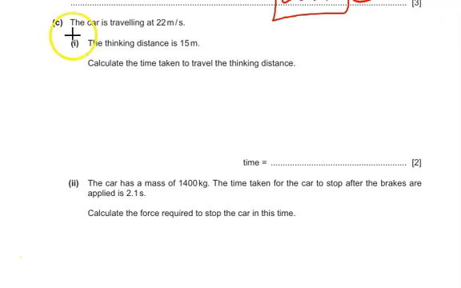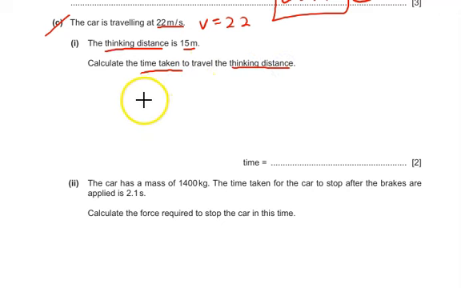The car is traveling at 22 meters per second. This is the speed, I put here v. The thinking distance is 15 meters. Calculate the time taken to travel the thinking distance. We can use the formula: speed equals distance over time.